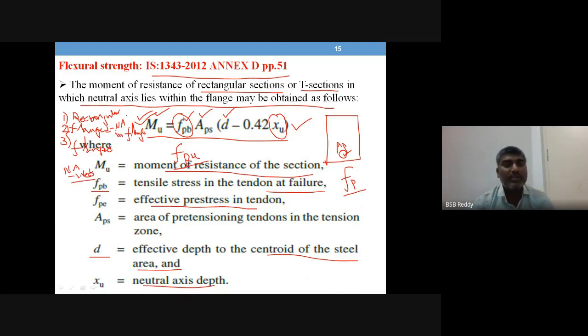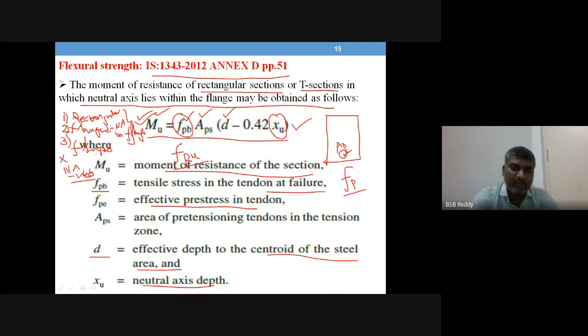So for the first two cases, rectangular sections and flanged sections, like T section, I section, L section, C section, all are flanged sections, where the neutral axis falls in the flange itself, this formula can be utilized. This formula is not suitable for the third case. What is it? Flanged sections with the neutral axis in the web.